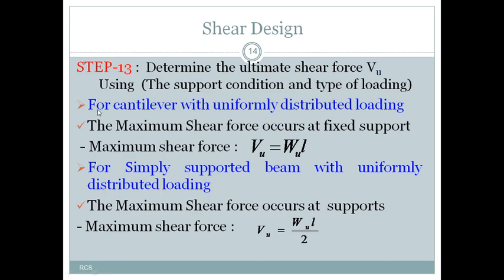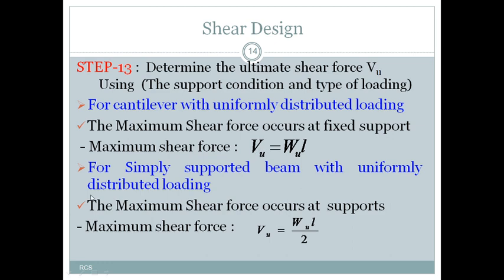Say for example, first a cantilever beam with uniformly distributed loading. The maximum shear force occurs at the fixed support. As we know, for a cantilever beam the maximum shear force occurs at the support, and the factored shear force can be calculated as Vu equal to Wu into L. Wu is already known to you, that is the factored load, multiplied by the length of the beam, which gives the factored or maximum shear force.